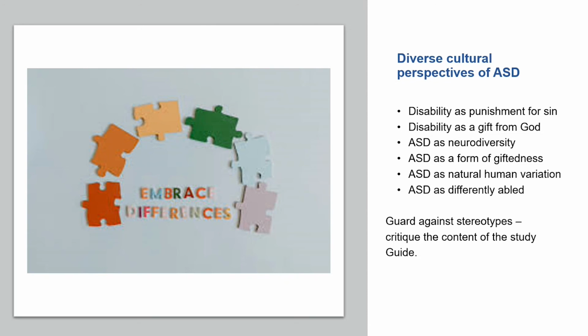So where the emphasis is on what the learner can do and the incredible strengths that many of them have, rather than the challenges or the deficits or the impairments. The emphasis is on the ability and to appreciate autism as a natural form of human variation.